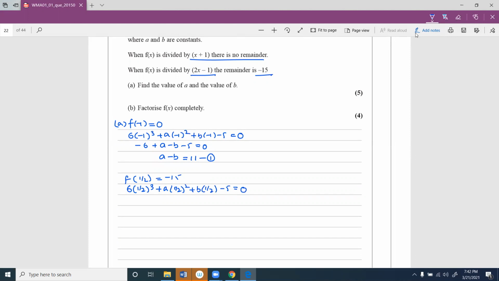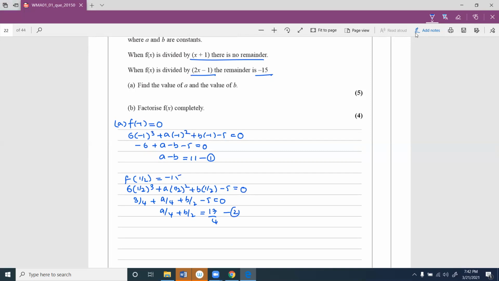Then you can write 6 times half to the power 3 is 3 over 4 plus a over 4 plus b over 2 minus 5 equals 0. From here you can write a over 4 plus b over 2 equals 17 over 4.